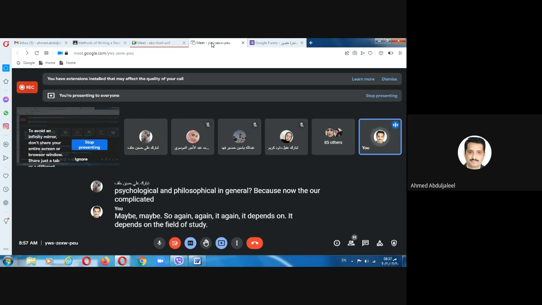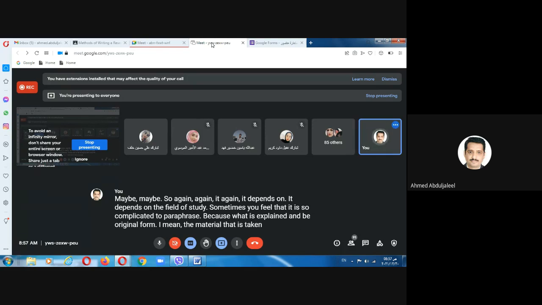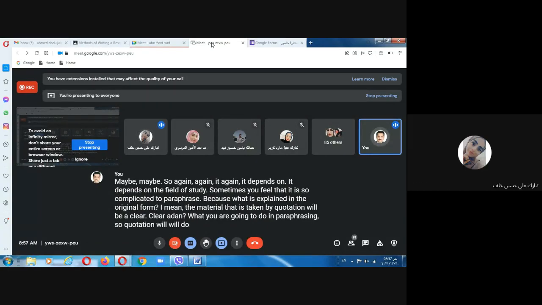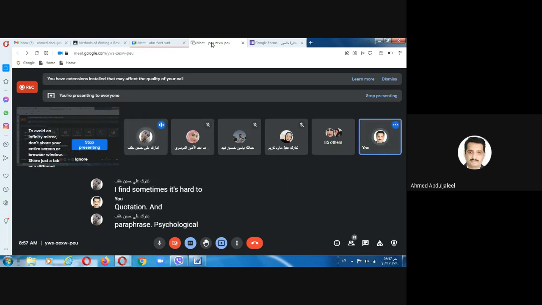Sometimes you feel that it is so complicated to paraphrase because what is explained in the original form, the material that is taken by quotation, will be clearer than what you are going to do in paraphrasing. So quotation will do here. I find sometimes it's hard to paraphrase psychological, philosophical material. Very complicated. Exactly. We move to page 80.